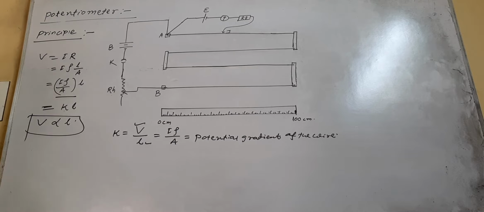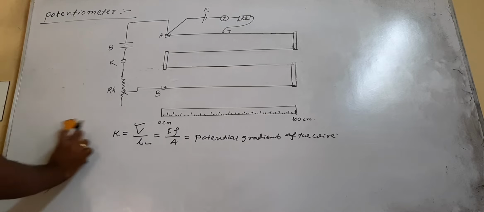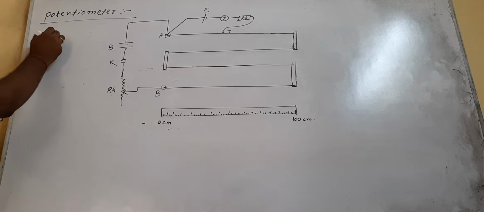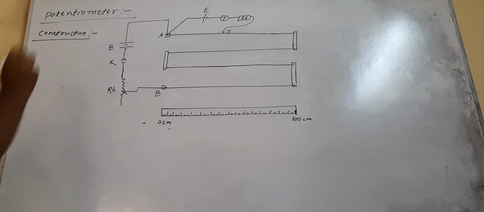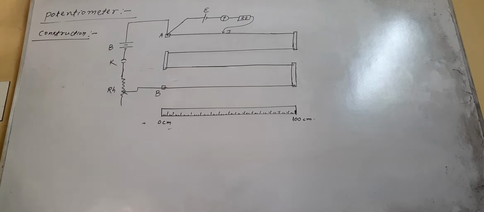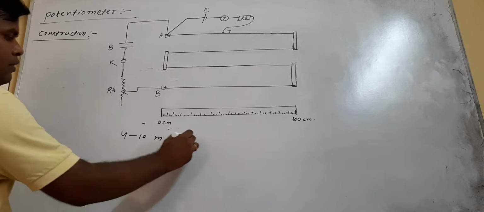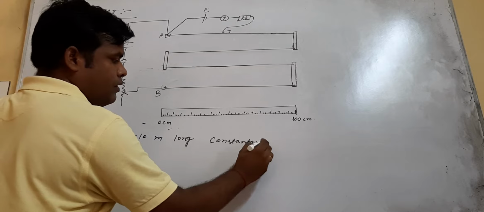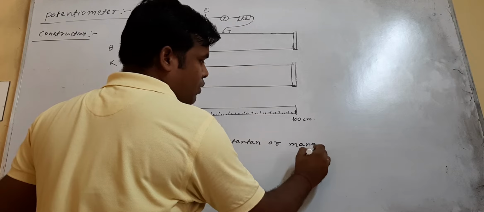Now come to the construction of potentiometer. You see the figure, it consists of 4 to 10 meter long constantan or manganese wire.